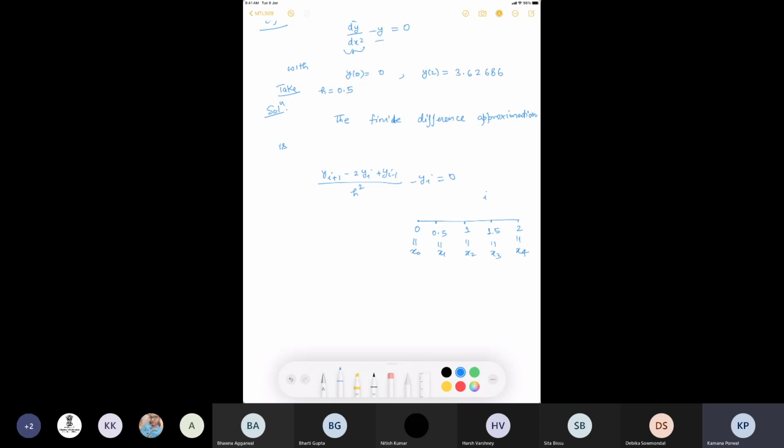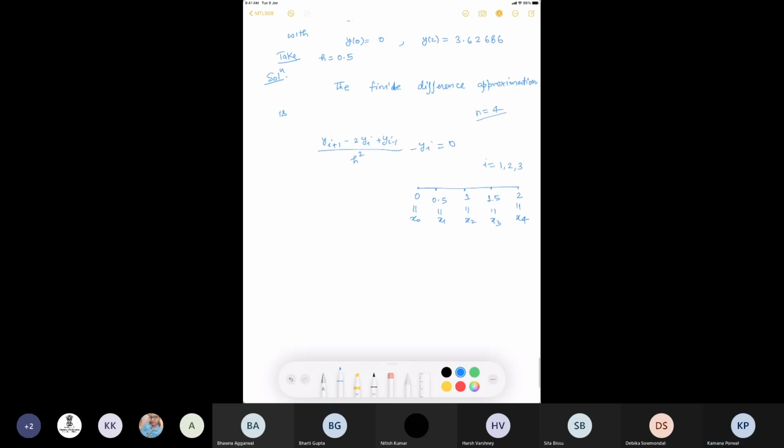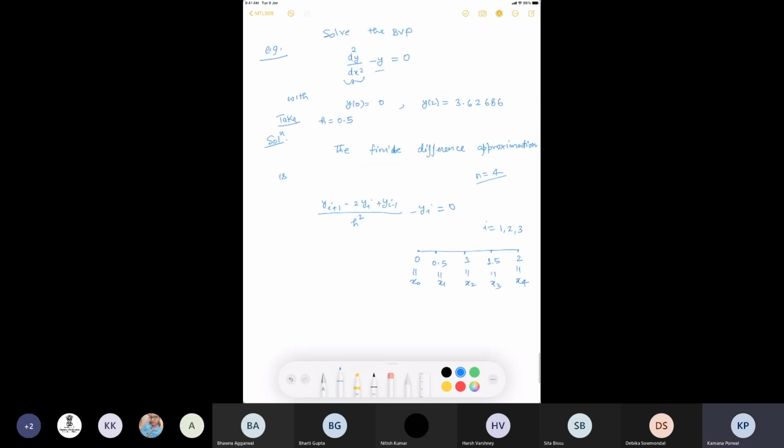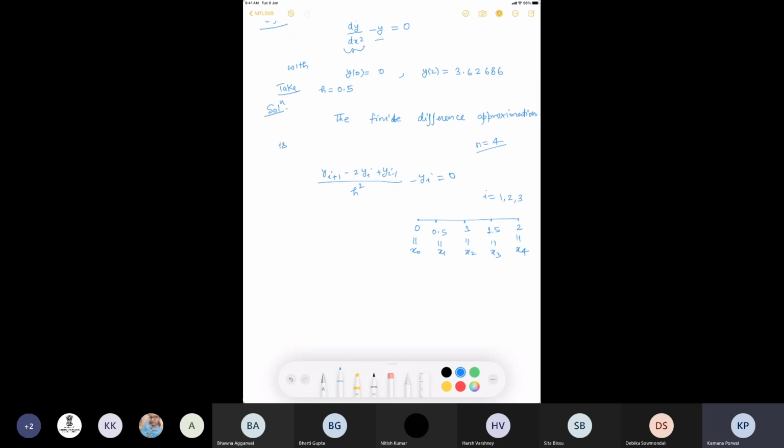So i is going to range here from 1 to 3, as n is equal to 4 here. And the data from the boundary conditions: y0 is given to be 0, and y at 2, which is y_n, that is y4, is given to be y at 2.